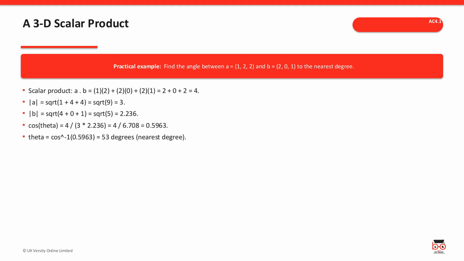The magnitude of a is the square root of 1 plus 4 plus 4, that's the square root of 9, 3, and the magnitude of b is the square root of 4 plus 0 plus 1, the square root of 5, about 2.236. So cos theta is 4 over 3 times 2.236, which is 0.5963, and theta comes to 53 degrees.